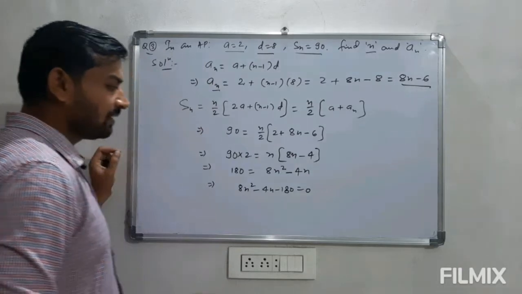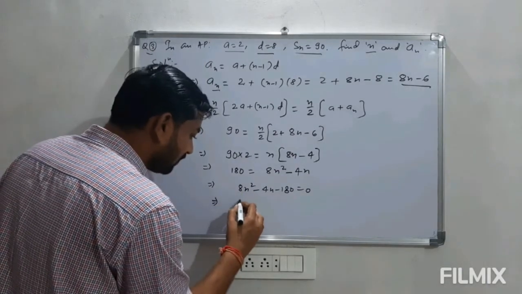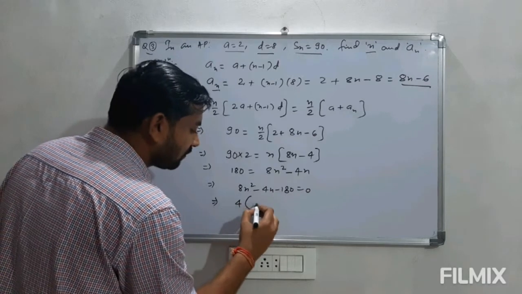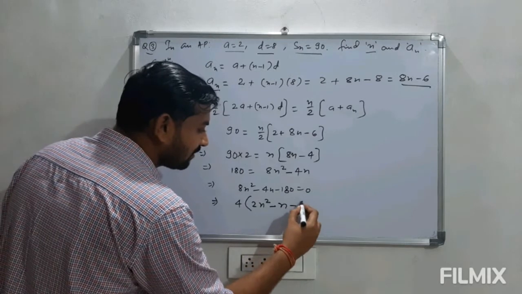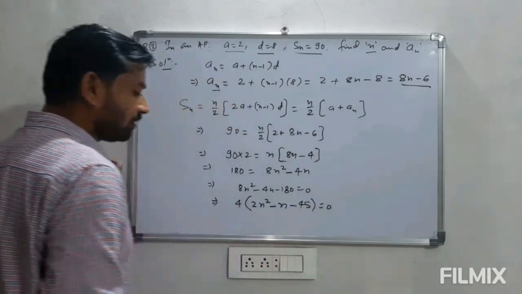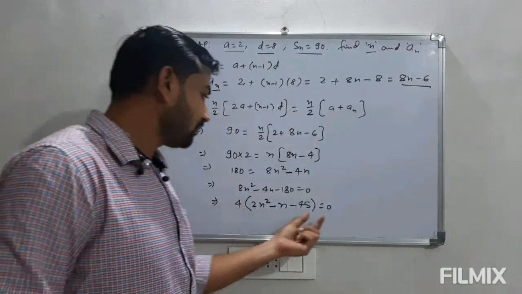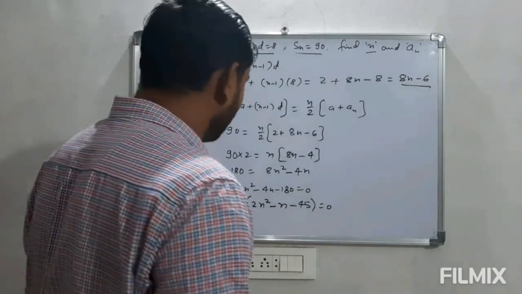Now clearly we can take out 4 common from this whole quadratic equation. So if we take out 4, we will have 2n square minus n minus 45, and this is what we are getting. Now 4 is a constant, so that will go to RHS and it becomes 0.